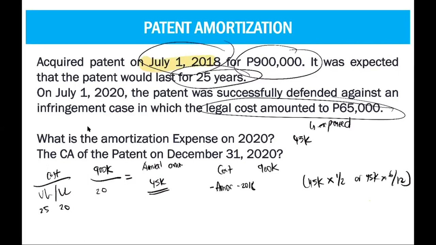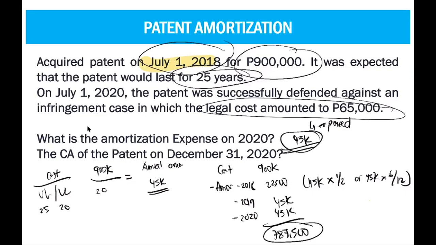So how much is that? That is 22,500. We have another amortization on 2019 since 1 year, 45,000. Another amortization on 2020, 45,000. So what is the carrying amount? 900,000 less 22,500 less 45,000 less 45,000 will give us 787,500. Okay?